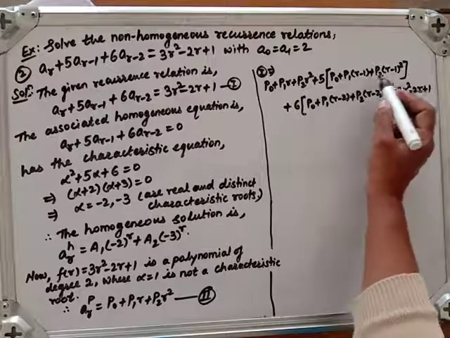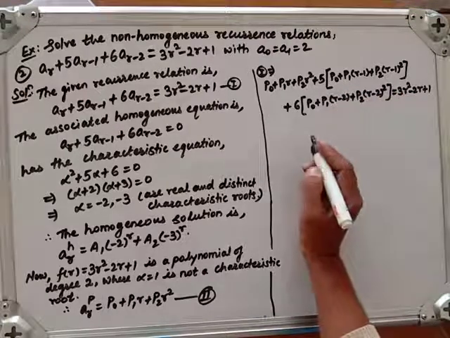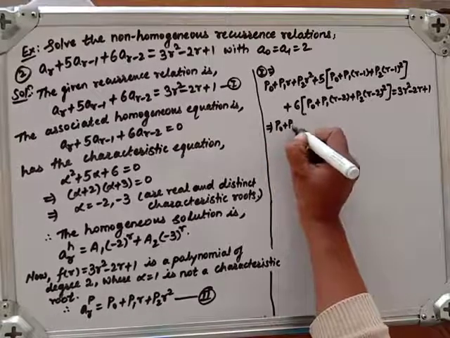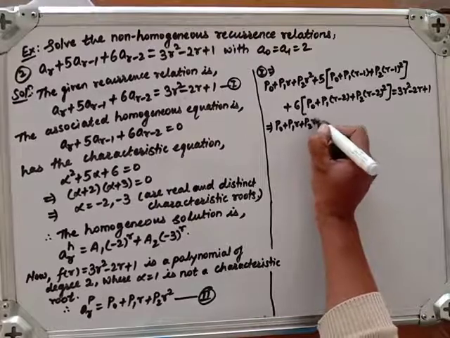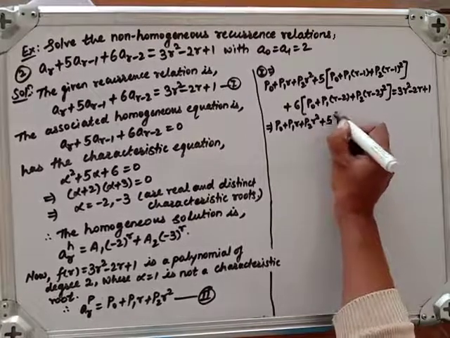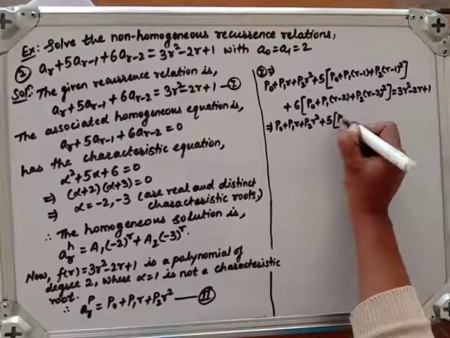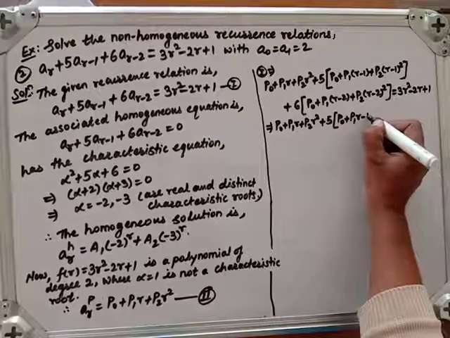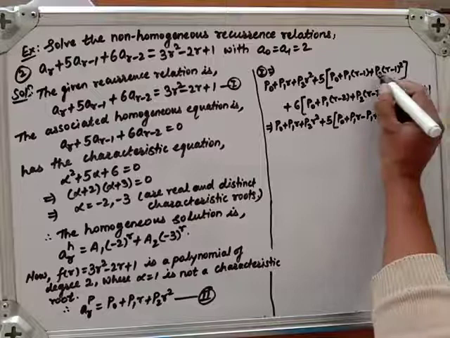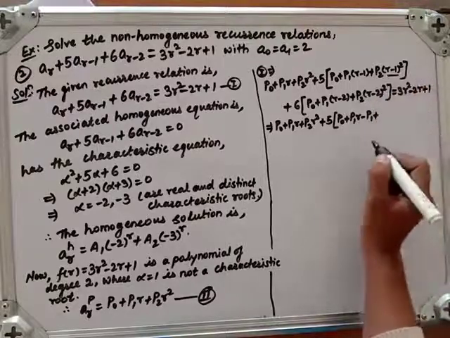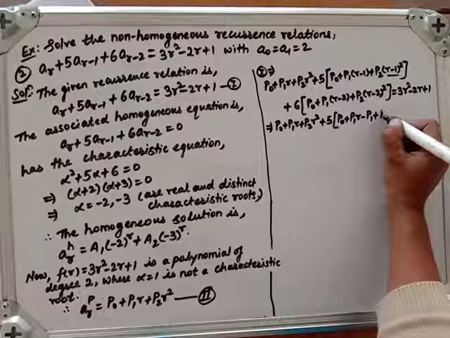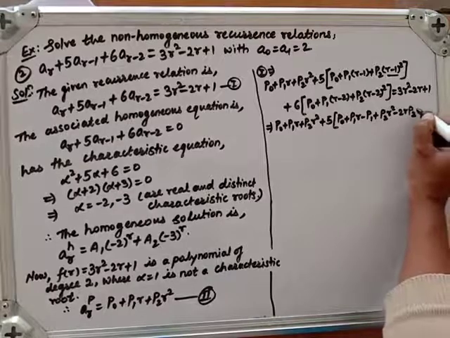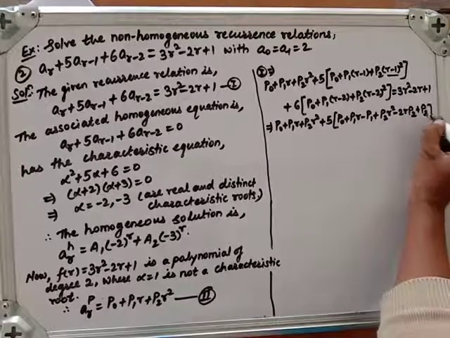We have to open these brackets, multiply by 5. What we get? We get P0 plus P1R plus P2R square as it is, plus 5 into, let me simplify this first, P0 plus, this is very easy, P1R minus P1, okay, plus this will be R square minus 2R plus 1, so it will be P2 R square minus 2R P2, okay, plus P2, fine.